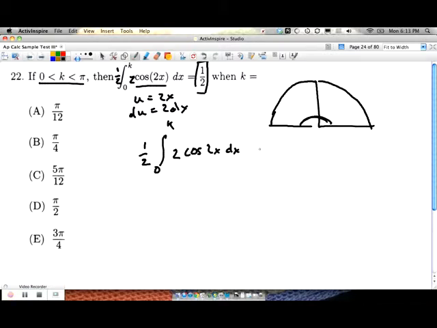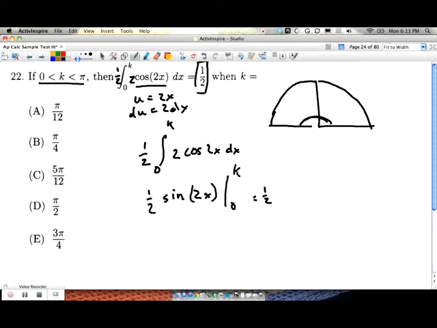And we know that that's eventually going to be equal to 1/2. Well, actually, let's go ahead and take the antiderivative. The antiderivative of 2 cosine 2x is just sine 2x. We're evaluating that from 0 to k.